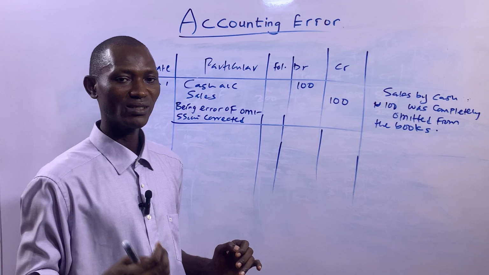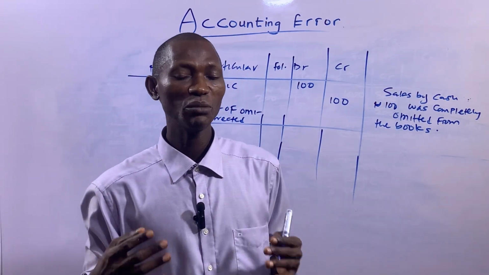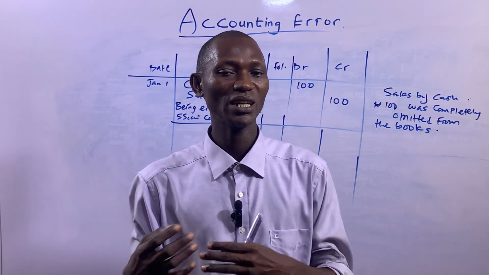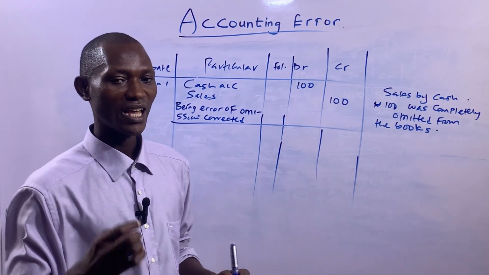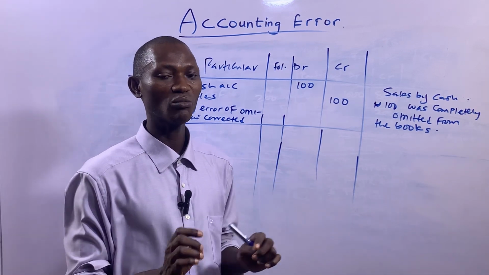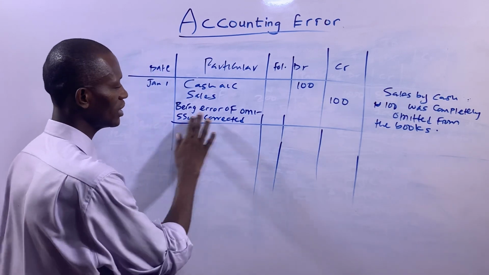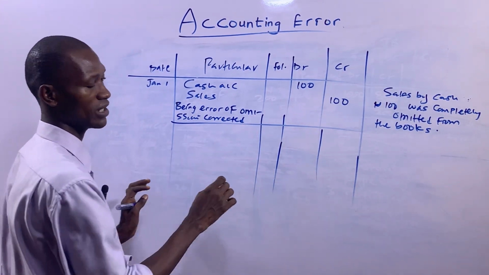So a narration, I repeat, is a brief description of the transaction or error that had been committed, that had been corrected on the journal. And each narration must be short and precise, and it must start with being. So being error of, if it is error of compensation, you have being error of compensation corrected.